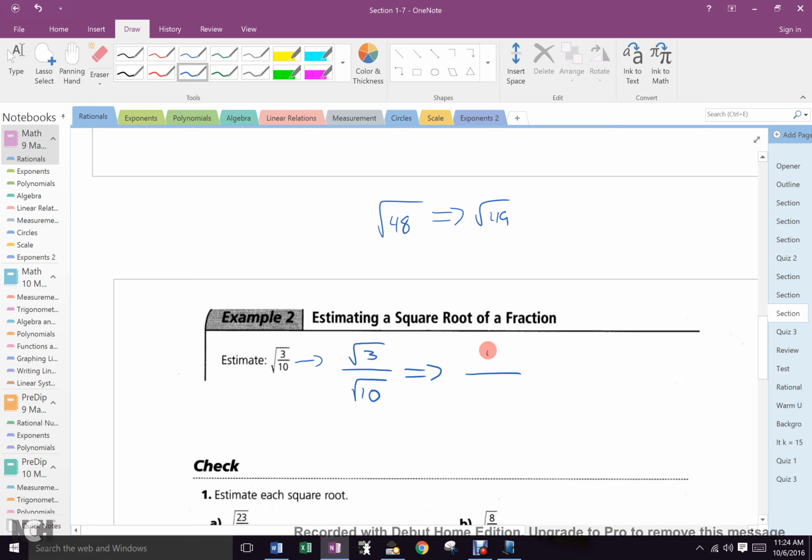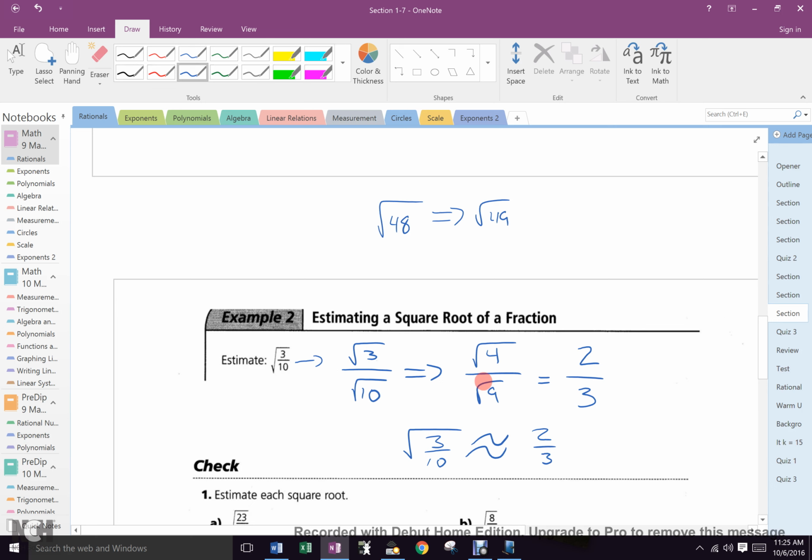So isn't this pretty darn close to 4, the square root of 4, over, what's 10 close to that has a square root? 9, right, Ethan? So that's pretty close to 9, right? So what's the square root of 4? 2. What's the square root of 9? 3. So the square root of 3 over 10 is almost 2 over 3 because of this.